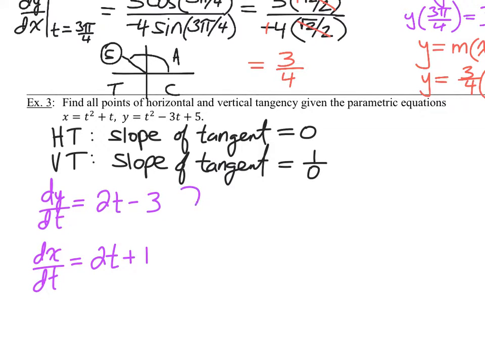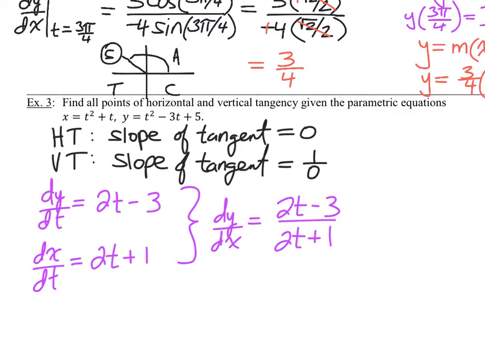Now we could make a dy/dx, which is the quotient of these two, 2t minus 3 over 2t plus 1. But then I go back to what I started with, that the horizontal tangent is when the slope of the tangent line is equal to 0. So if I were to set this derivative equal to 0, that would be essentially the same thing as just setting dy/dt equal to 0.